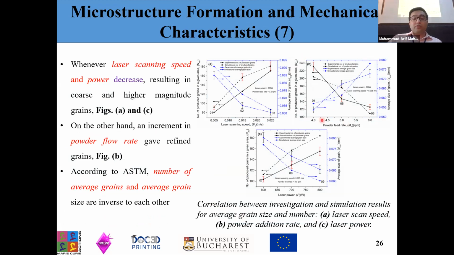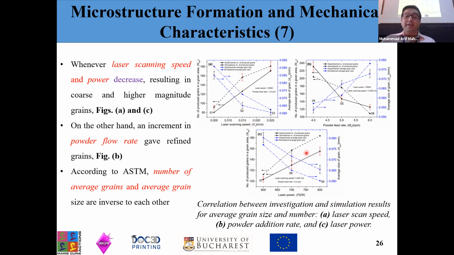This figure shows a comparison between the simulations and the experimentations. We can see from these images a very close correlation between my experiments and simulation. Further, we identified that whenever we are decreasing the laser scanning speed and the powder flow rate, we are getting the coarse grains with the higher dimensions.